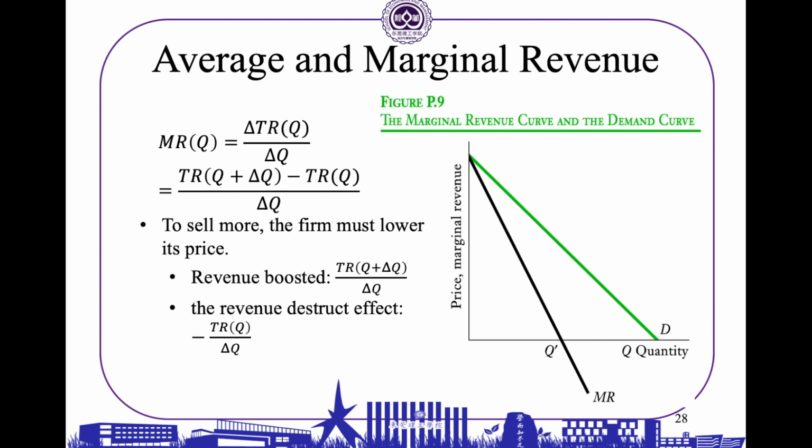The first part of the formula, TR of Q plus delta Q divided by delta Q, is the portion of revenue boosting by sales increasing. The second part of the formula, TR of Q divided by delta Q, is called the revenue destruction effect, which indicates the proportion of loss by price drop.